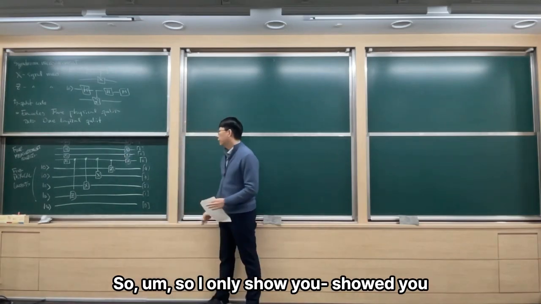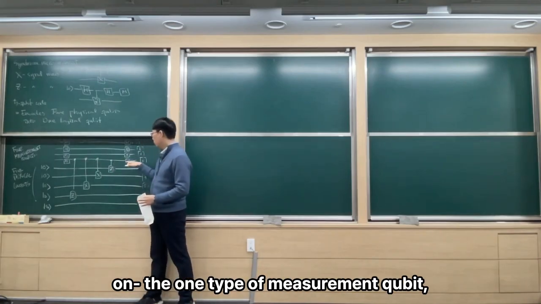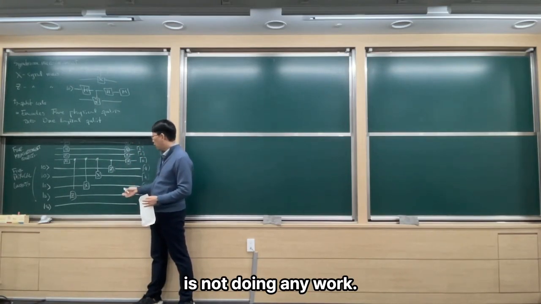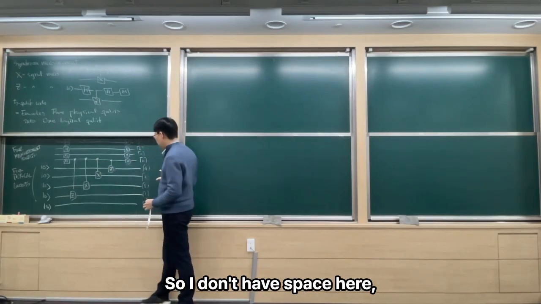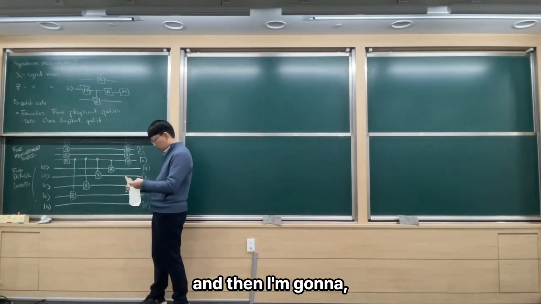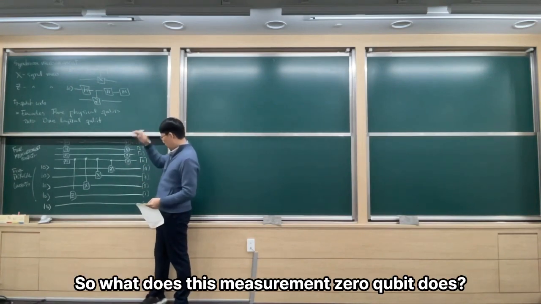So I only showed you the one type of measurement qubit, the 0 measurement qubit. The other measurement qubits are not doing any work. So I don't have space here, so I just give one example, and then I'm gonna lay out the detail for the other measurement qubits. So what does this measurement 0 qubit do?